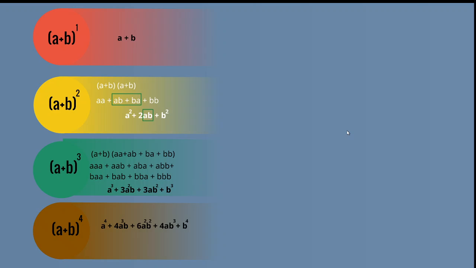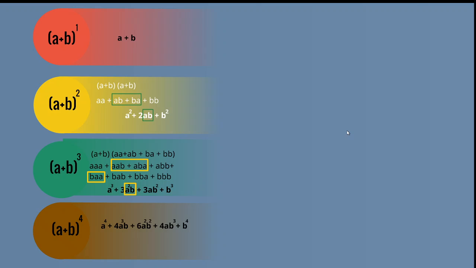Okay, take the next one for example. Look at these three terms. What is common in these three terms? There are two a's and there is one b. In all these three terms, there are two a's and there is one b. So I wrote them as a square b. See, all three are not written in the same order. One is aab, one is aba, next one is baa. You get it?